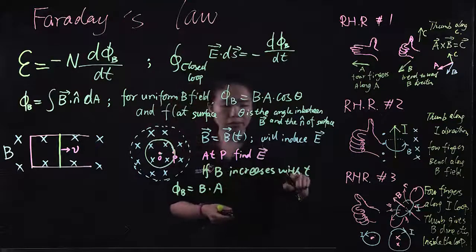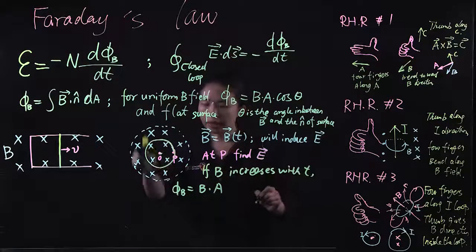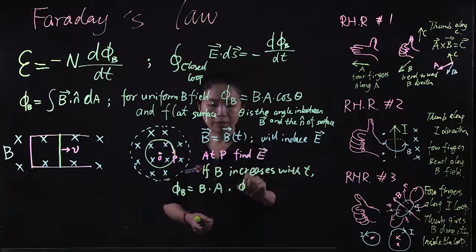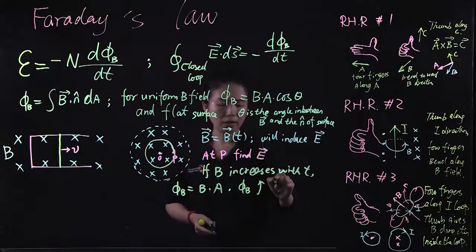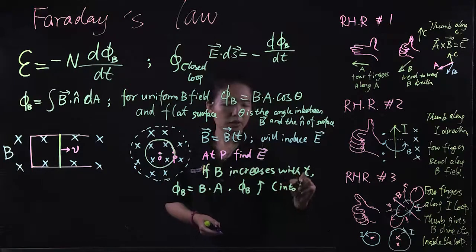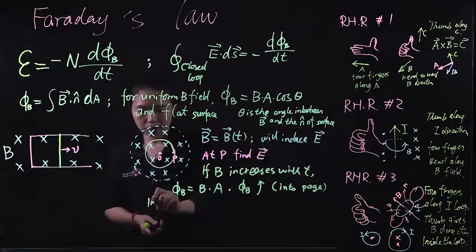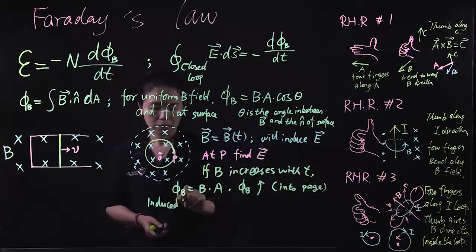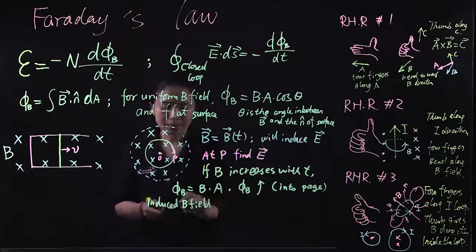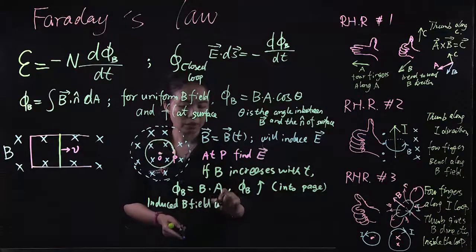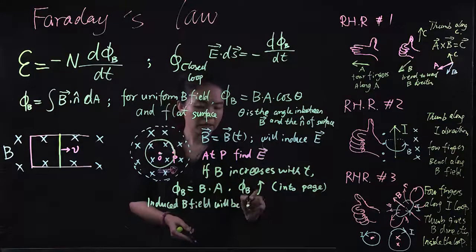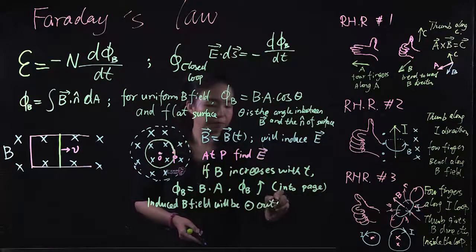If B is increasing with time and the area is not changing, we know phi B is also increasing. If phi B is increasing and it's into the page, then we know the induced B field will go against that, so the induced B field will be opposite, out of the page.